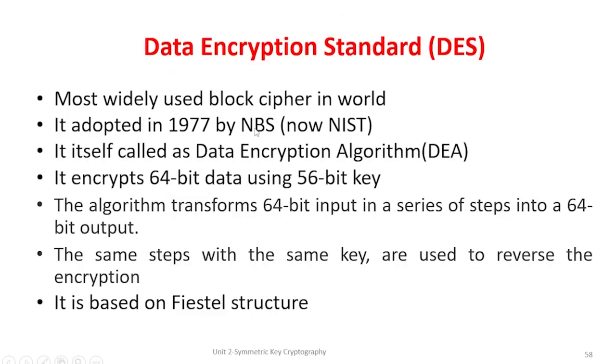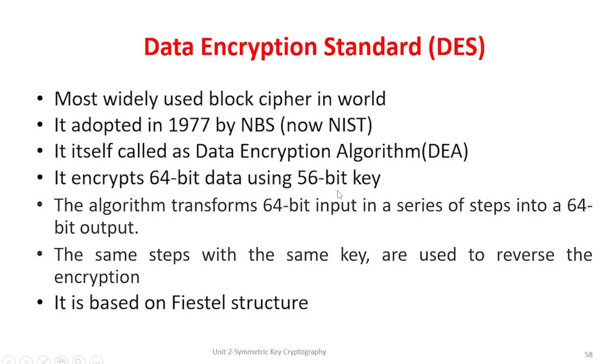So the first algorithm is the Data Encryption Standard. It is the most widely used block cipher encryption algorithm, which was derived in the year 1977. Another name for Data Encryption Standard is Data Encryption Algorithm, which has a block size of 64 bits and a key size of 56 bits.